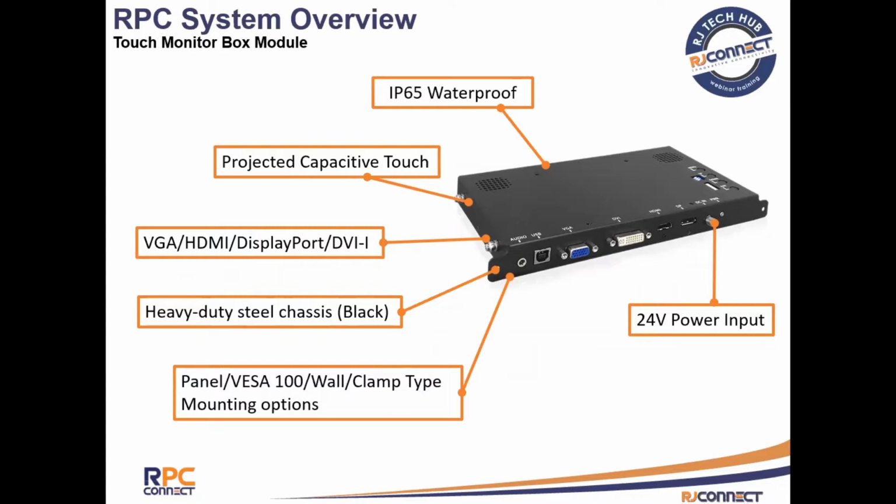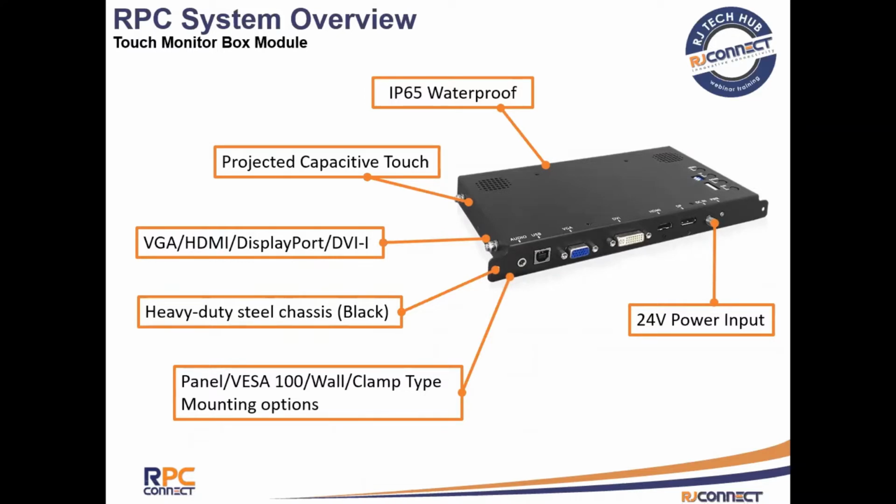It has an IP65 compliant front bezel standard rating for waterproof, with 5 mounting options or methods for ultimate application flexibility, and a heavy duty steel chassis for mechanical construction. It can take 24 VDC jack power input.